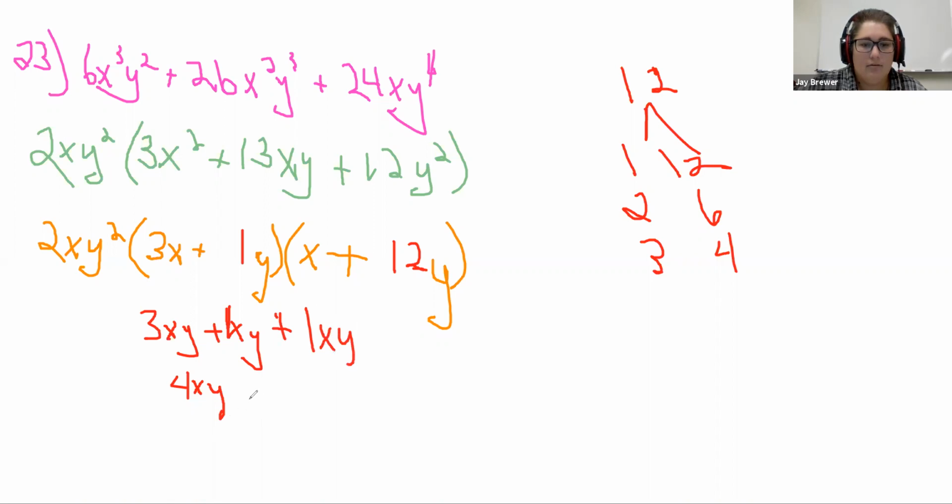So then that would give us 5xy. But then what happens? 12 times 3, isn't that going to be way more than 13? Yeah, so it can't be 12 and 1. So what's another option? What else can we put in there?